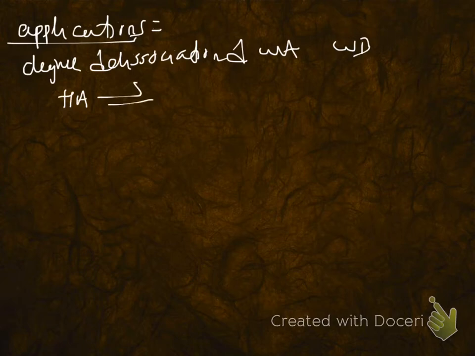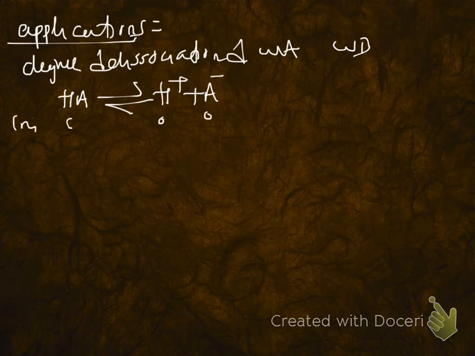The dissociation of HA to H plus and A minus attains an equilibrium at a particular stage of dissociation. Suppose C is the concentration of the solution and alpha is the degree of dissociation. Then the initial concentration is C, and 0, 0 before dissociation.